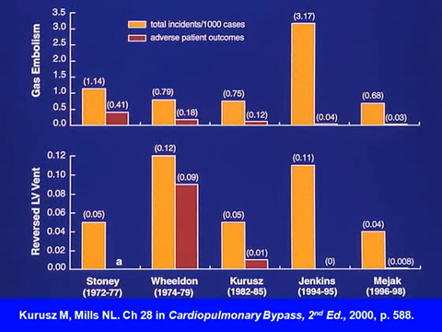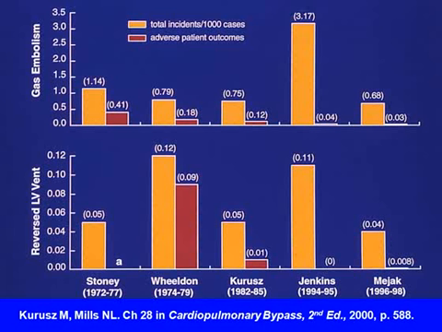The orange bars show the number of incidents of air embolism per 1,000 cases, and the red bars indicate an adverse patient outcome. An adverse patient outcome was defined in various ways as prolonged hospital stay, permanent injury, or death in most of the surveys.